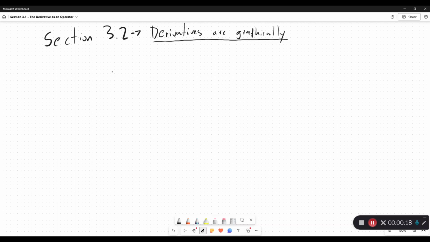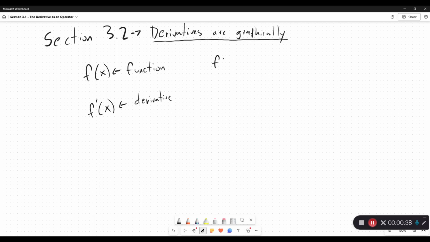What exactly is the relationship between, reminder, f of x is presumed to be a function where f prime of x we will refer to as the derivative. And there's a relationship, of course, between derivative and slope.